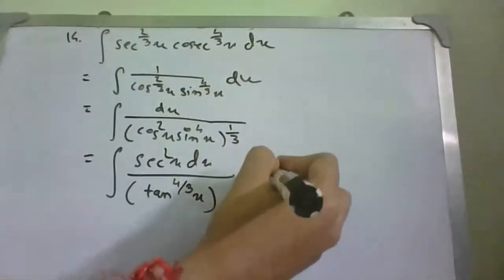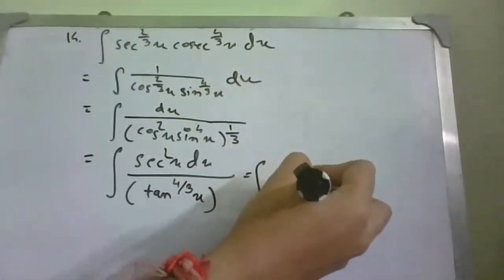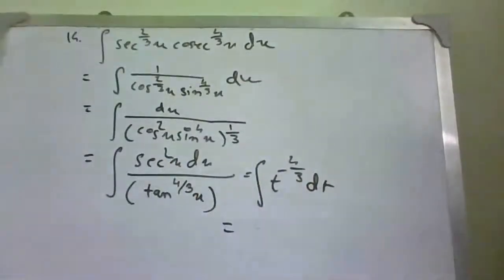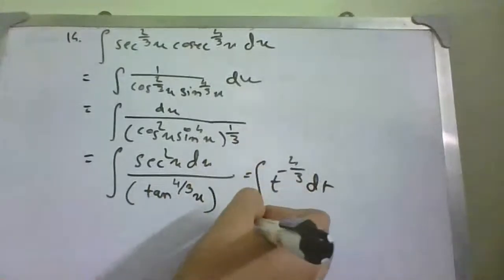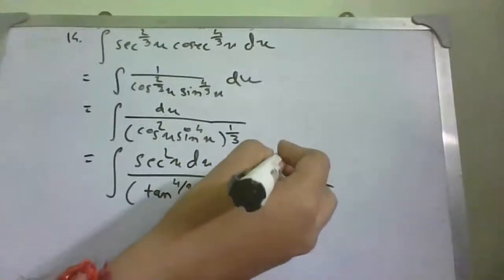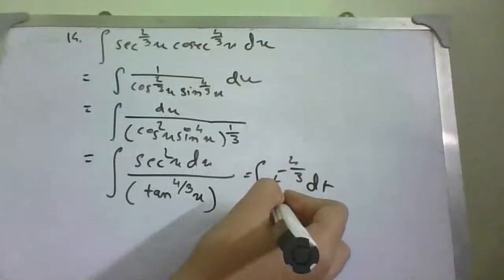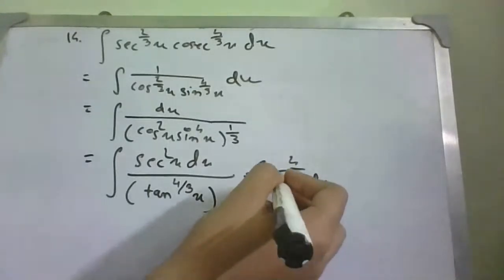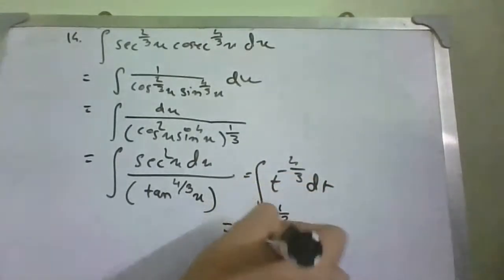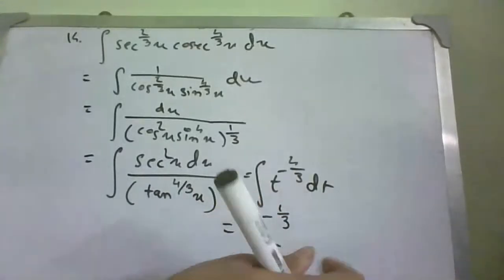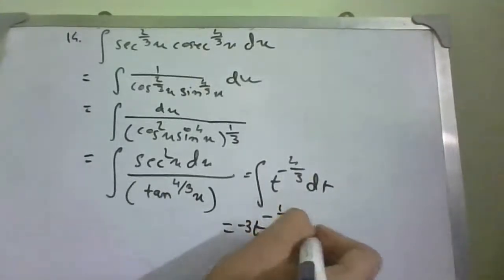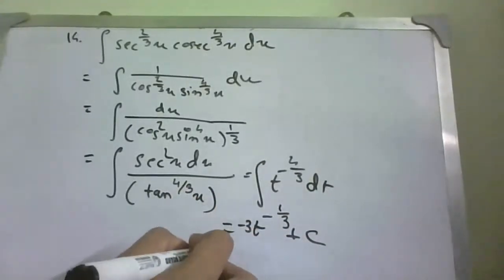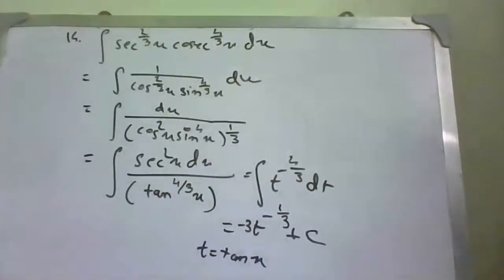So this is basically nothing. This is a very simple thing now. 4 by 3 dt. So what we can do with this? We just need to add 1, that is 1 by 3, minus 3. I guess it's fine. Plus c, and here t is tan x. So I guess it is more or less okay.